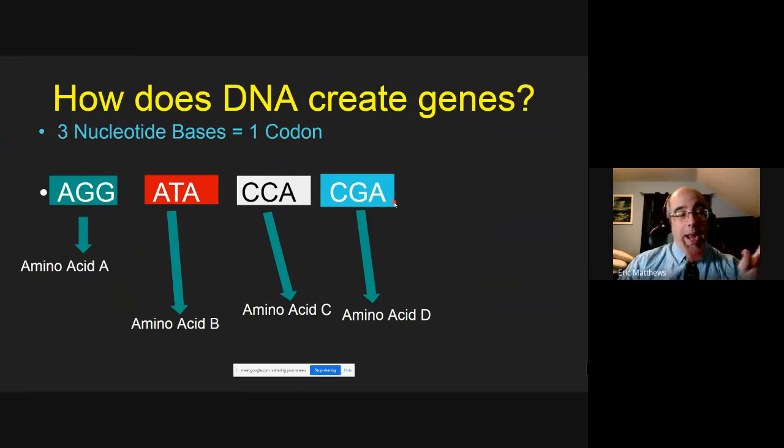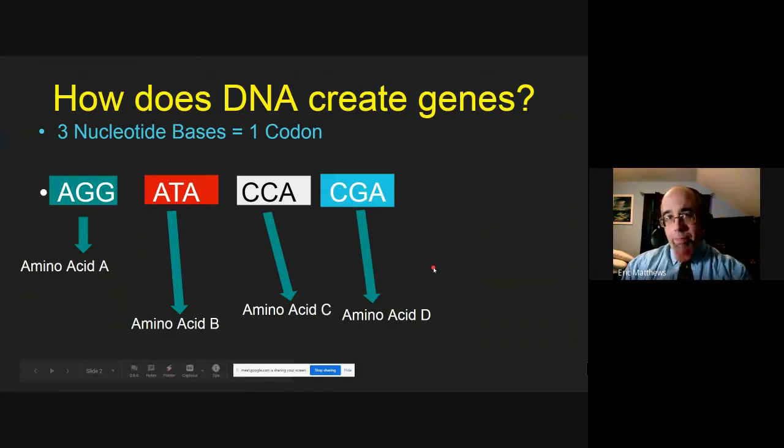Once again, going back to our earlier unit, unit number 2, our organic molecules, you hopefully remember that amino acids are the monomers of protein. Protein are the polymers. So these are the building blocks that make a protein. These are the little Lego pieces that when they all click together make something bigger and more complex. So AGG will give us the first amino acid, ATA the second, CCA the third, CGA the fourth, right?